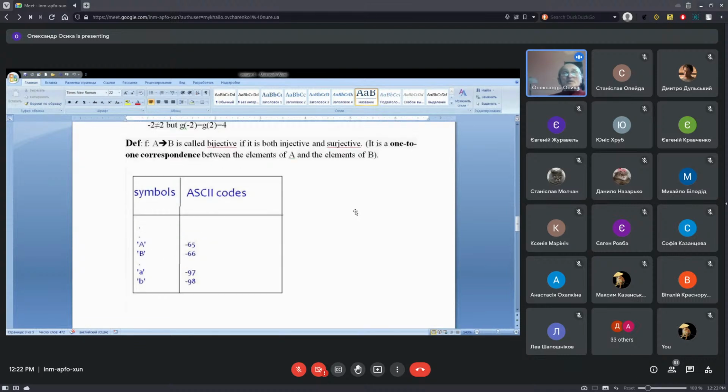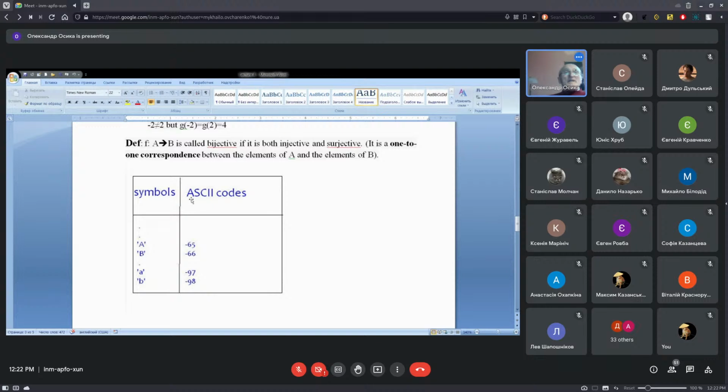As an example of such a function, take the set of 256 symbols of ASCII codes, the symbols that are used in preparing text files.